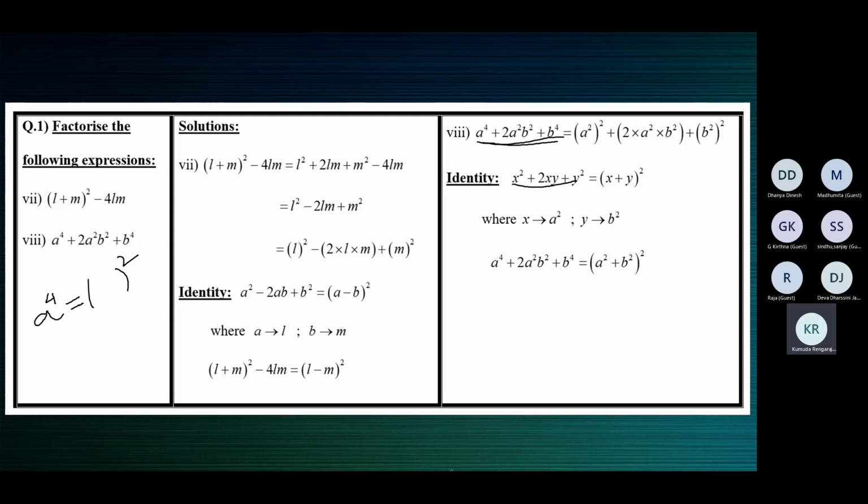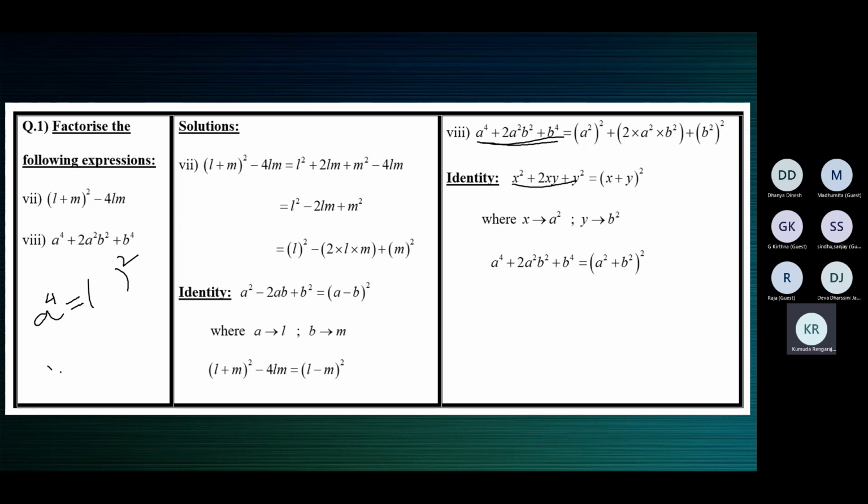One second, children. Harini. Yeah, so we've been saying perfect square, perfect square.